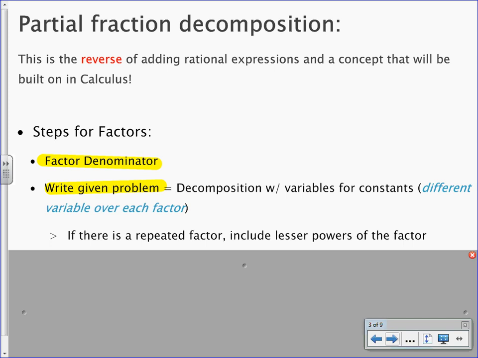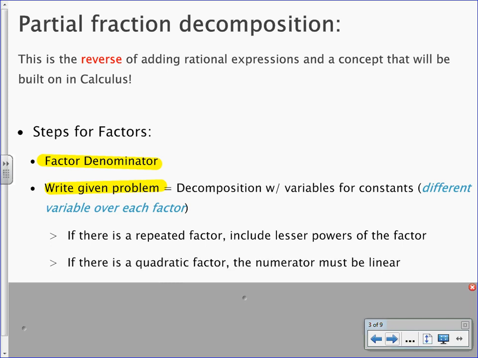If you have a quadratic factor, then the numerator has to be linear. So if we have linear factors, which we're going to have most times, we're just going to have a constant in the numerator. But if we have a quadratic factor, we have to have linear in the numerator.